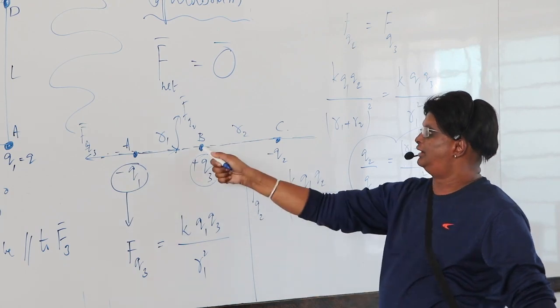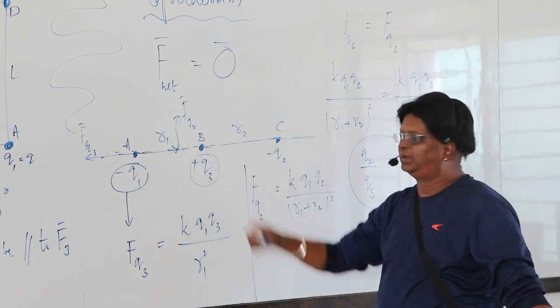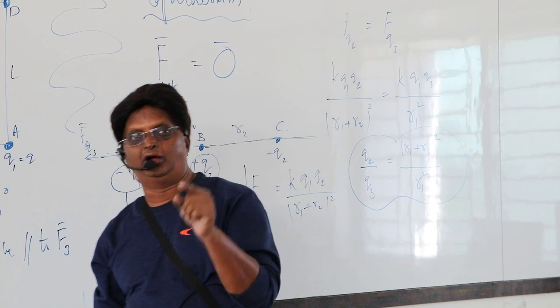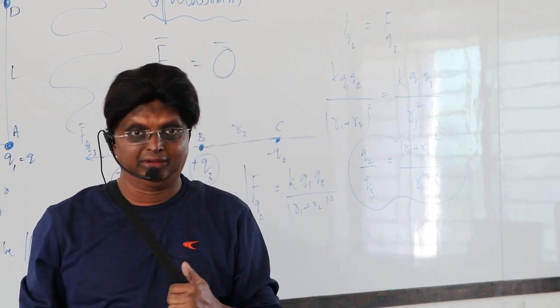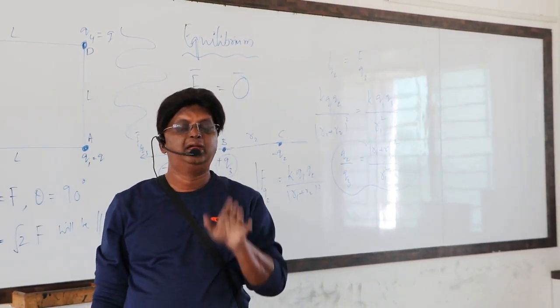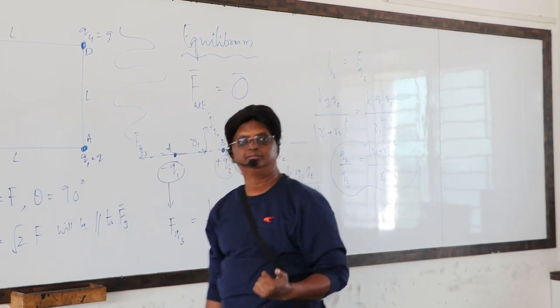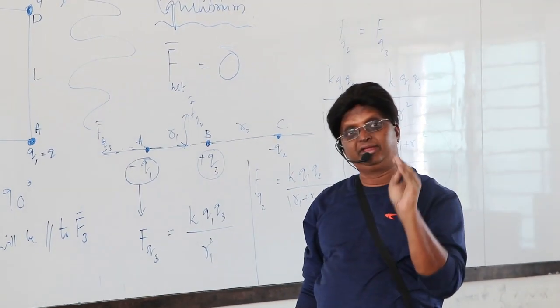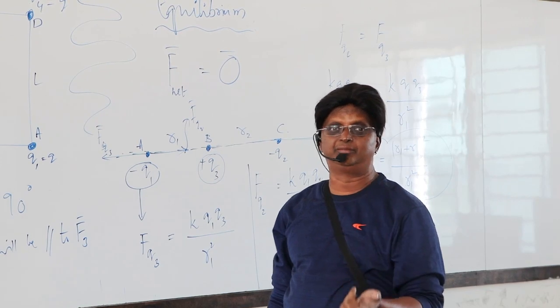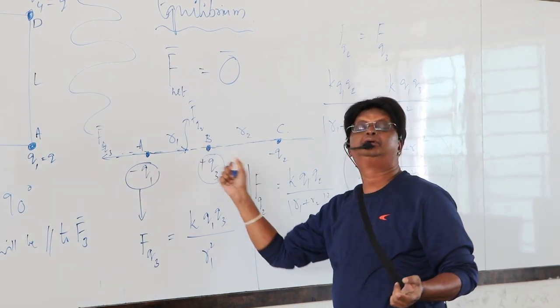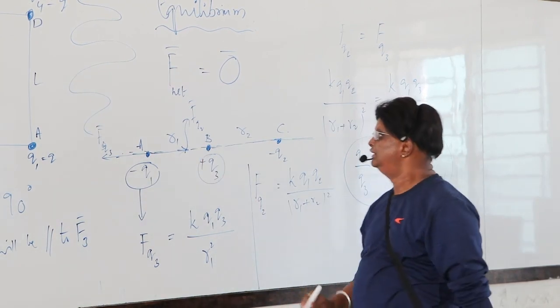Again at B, Q3 experiences two forces in opposite directions. This is the possibility for equilibrium. If they are equal, then equilibrium exists.